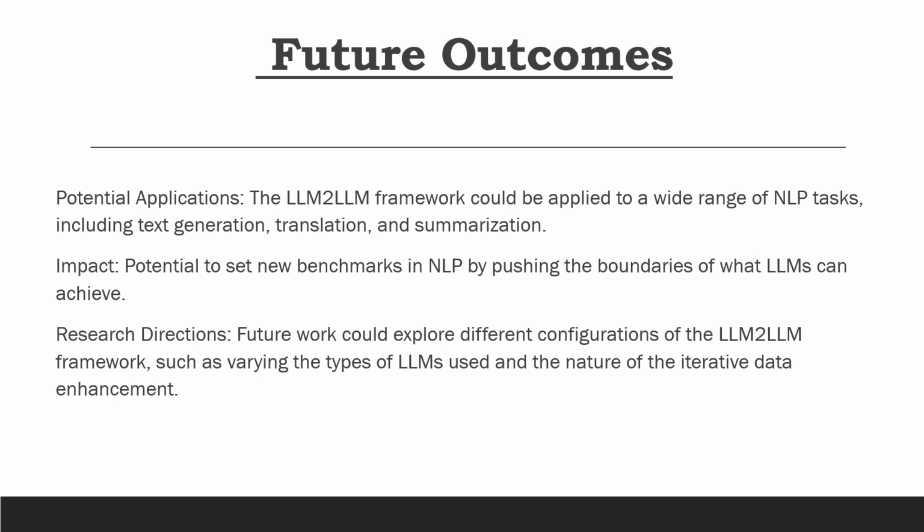Examples are Google Translator and Amazon review apps. On impact, it has the potential to set a new benchmark in NLP by pushing the boundaries of what LLMs can achieve.